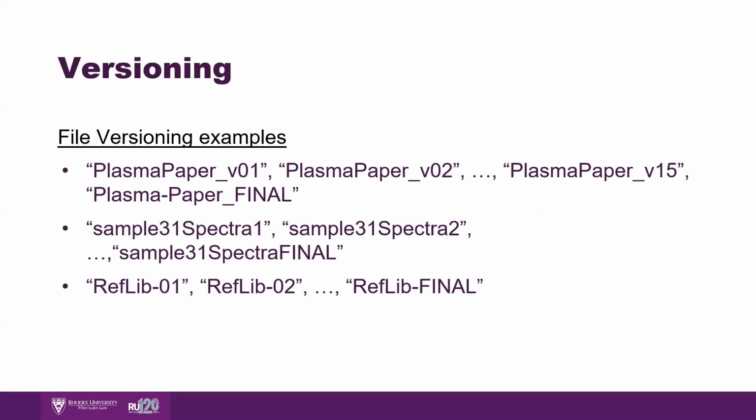By way of example, if you looked at Plasma Paper 01, you see that there's a second version, version 2, and you get up to 15 versions. After the 15th one, once the person is done working on this paper, or at least on the file, they'll add the word final to it to indicate that that is the very last version of Plasma Paper. And that is something you see irrespective of what kind of research you're conducting, something you'll find in the file names.